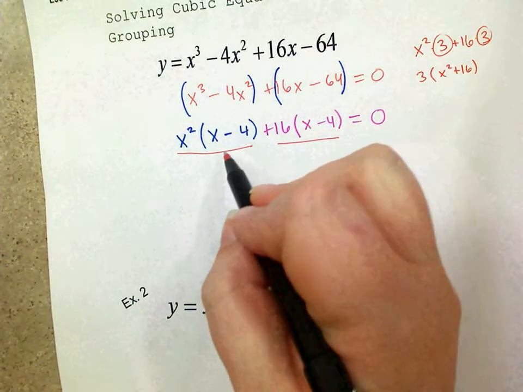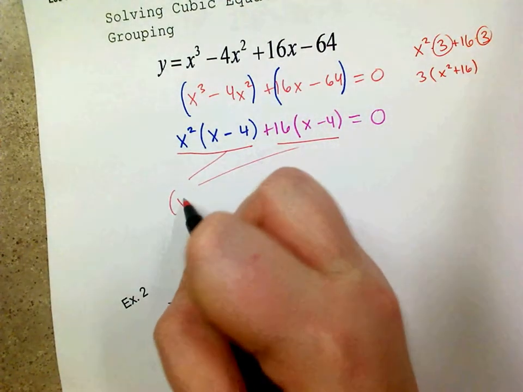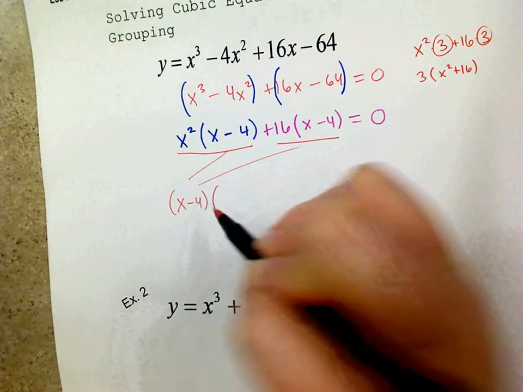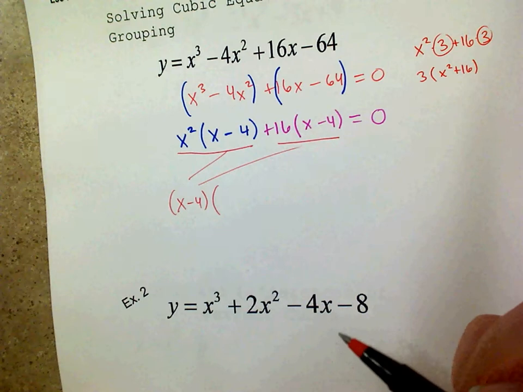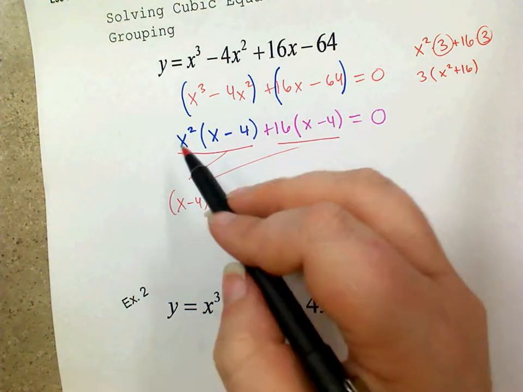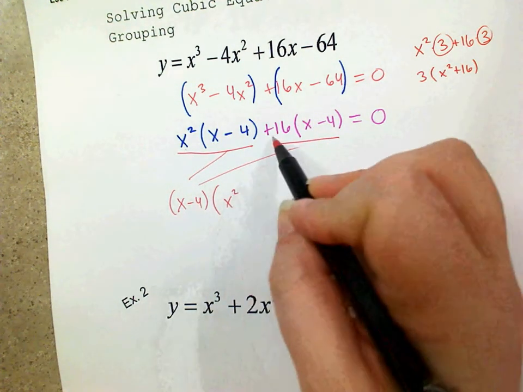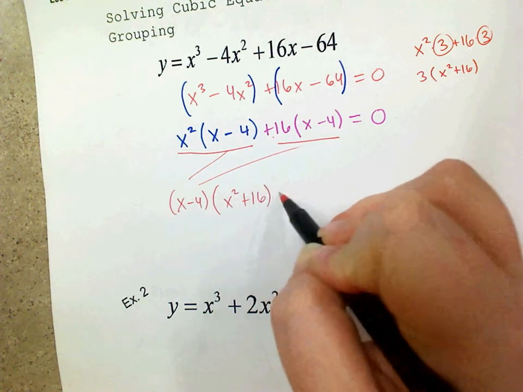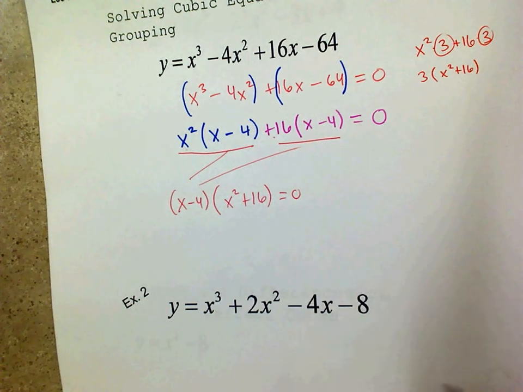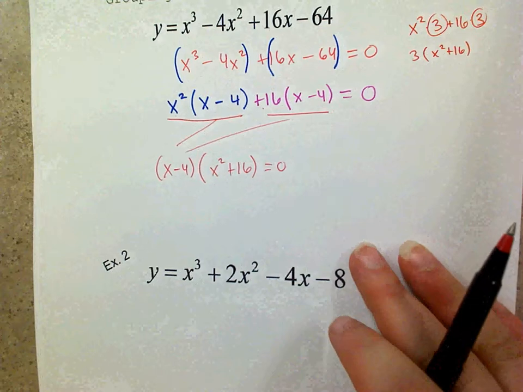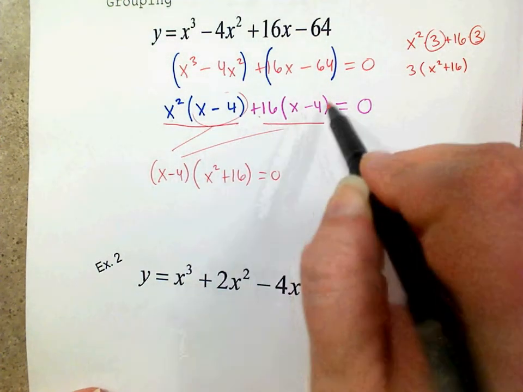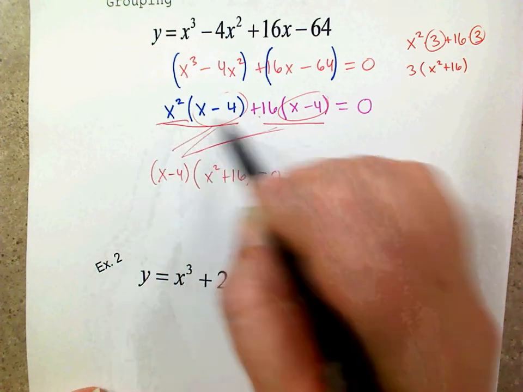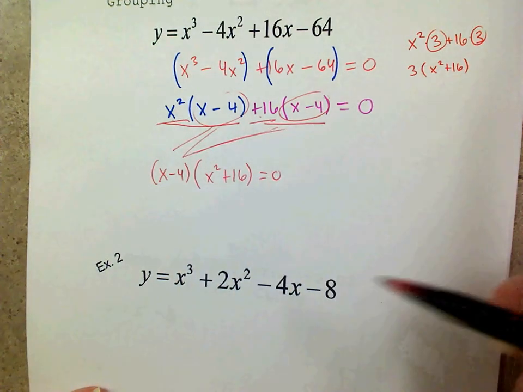So what we do is we factor out the x minus 4, and what are we left with when you factor it out? X squared plus 16 equals 0. Now, do you have to think of it as factoring out, or can you just say, well, once I get here, that is one of them, and then what I'm left over with is the other one? You can just do that.